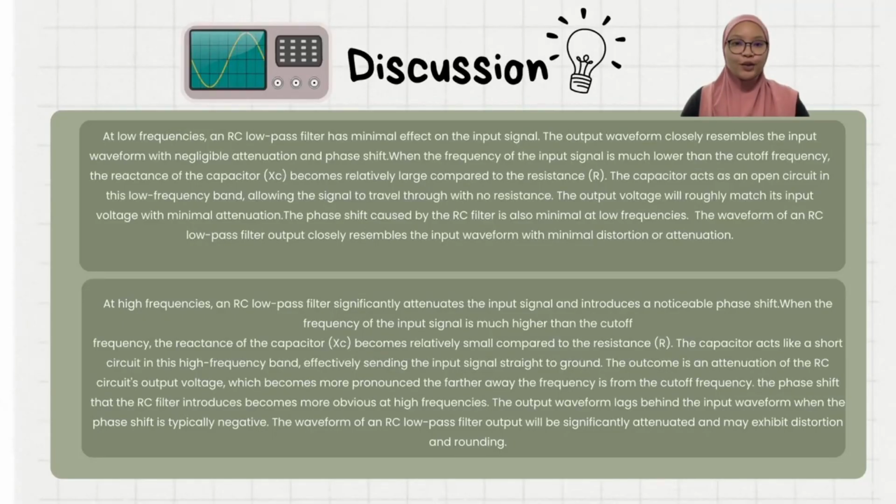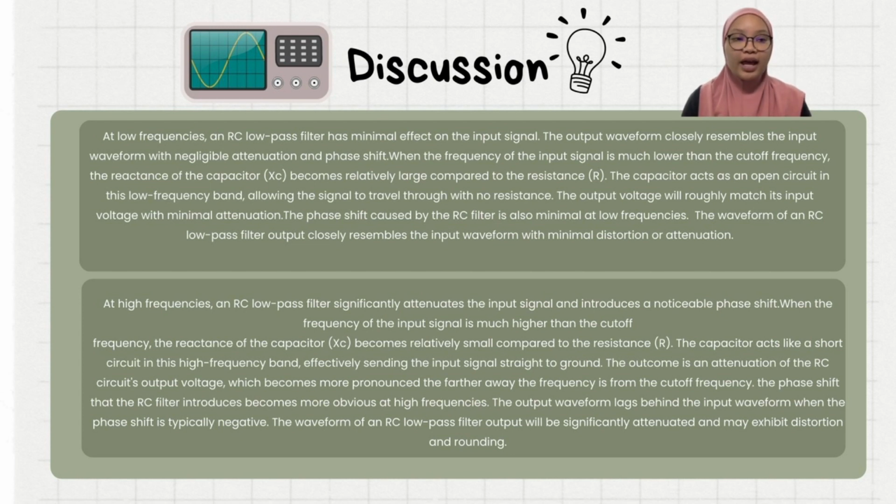At low frequencies, an RC low-pass filter has minimal effect on the input signal. The output waveform closely resembles the input waveform with negligible attenuation and phase shift. When the frequency of the input signal is much lower than the cutoff frequency, the reactance of the capacitor becomes relatively large compared to the resistance.